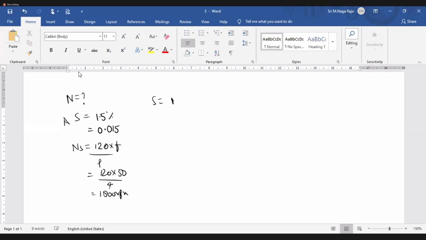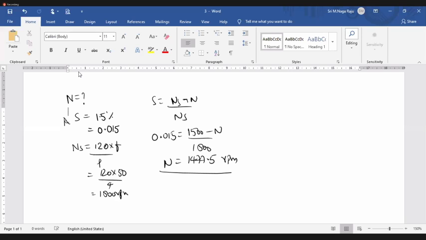Now we have the formula s equals (Ns − N) by Ns. That is 0.015 equals that, so from this we find N as 1477.5 RPM. Remember, the rotor speed or motor speed is always nearly equal to the stator speed or synchronous speed.